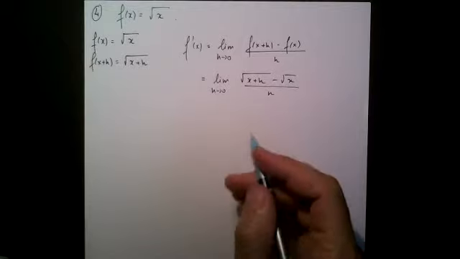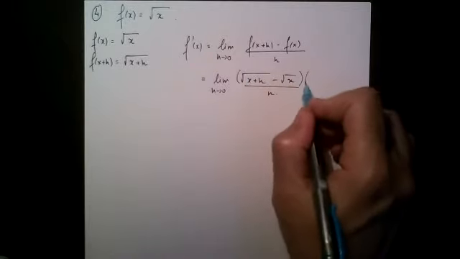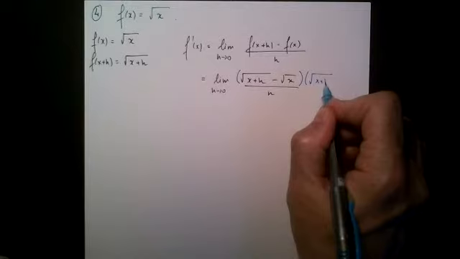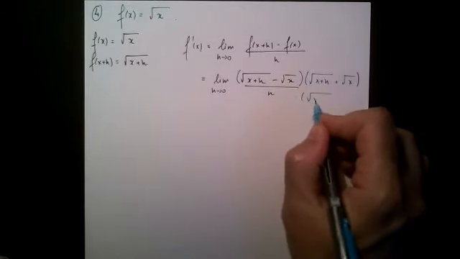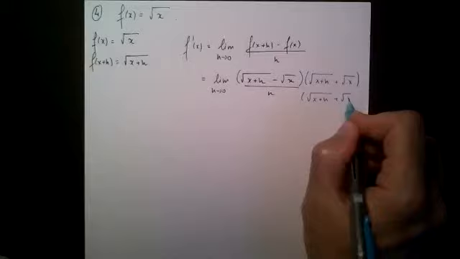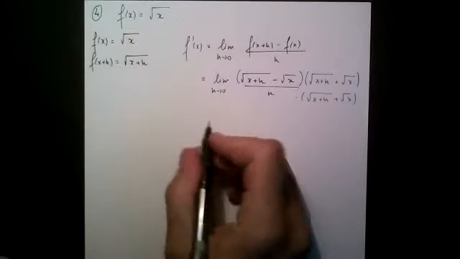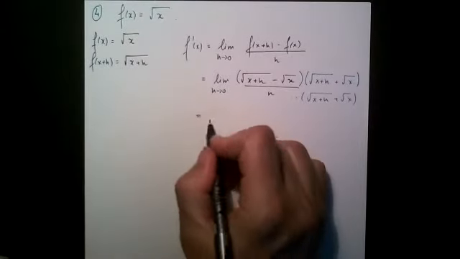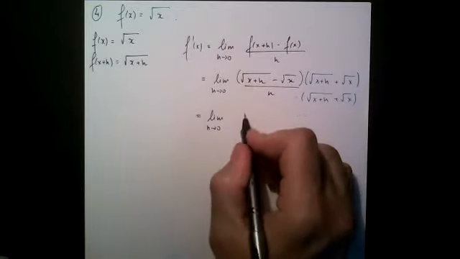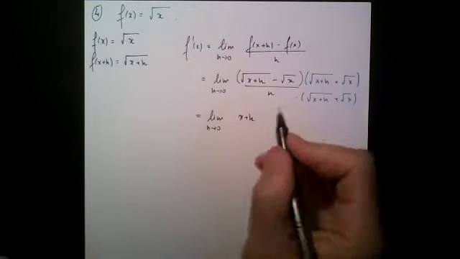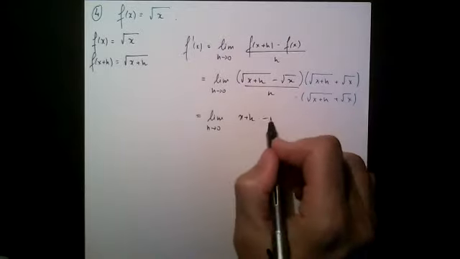The conjugate. Multiply by the conjugate, which is root x plus h plus root x, top and bottom. That is the limit as h approaches 0. So root x plus h times root x plus h is x plus h, and minus x.